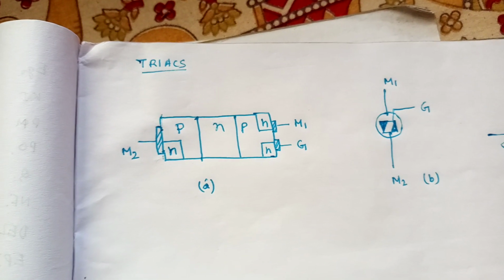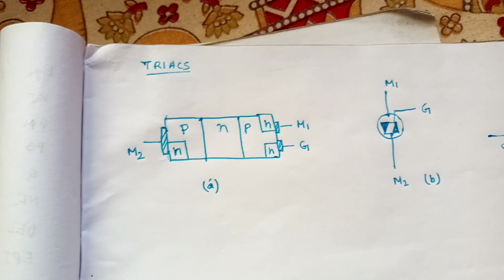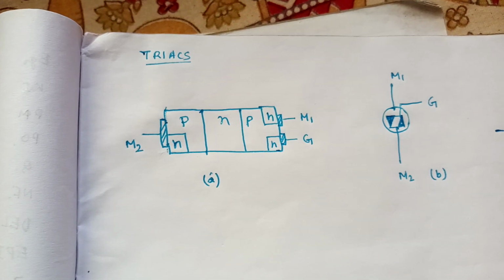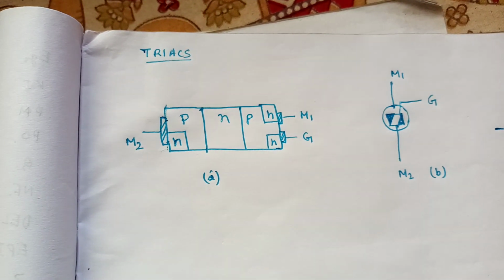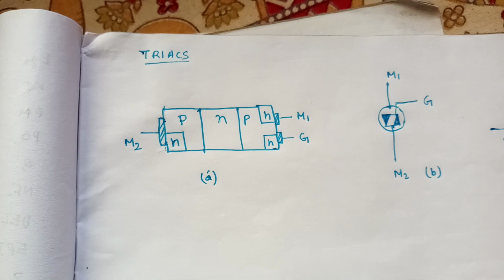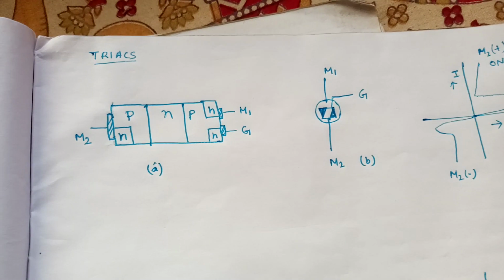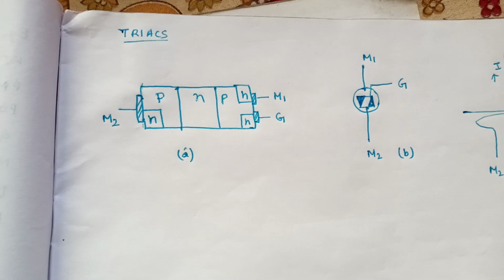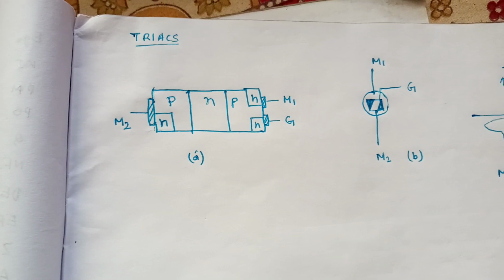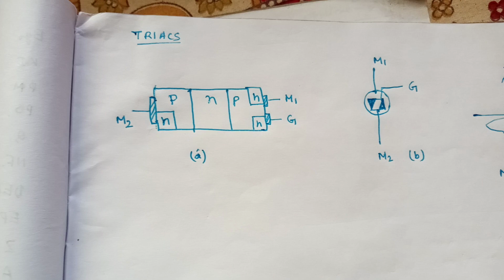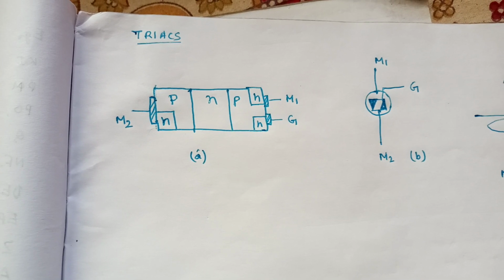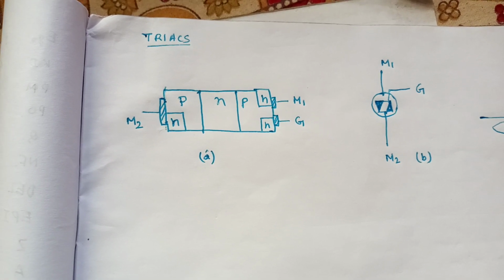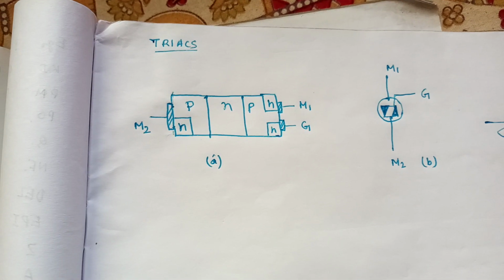Figure A shows the basic structure of a triac. Its schematic symbol is depicted in figure B. The device has three terminals, of which M1 and M2 are the main terminals and G is the gate terminal.